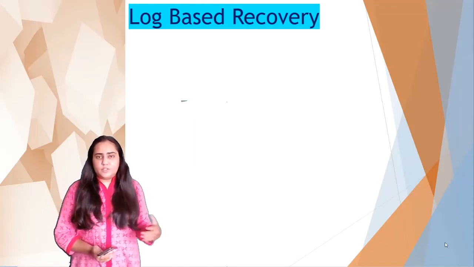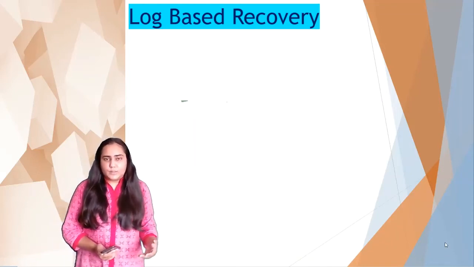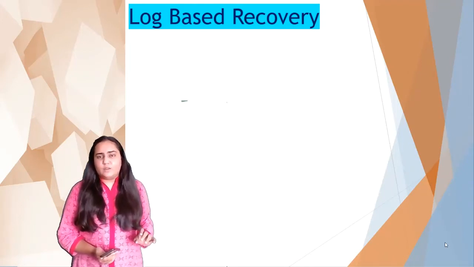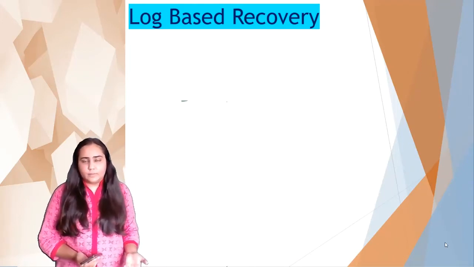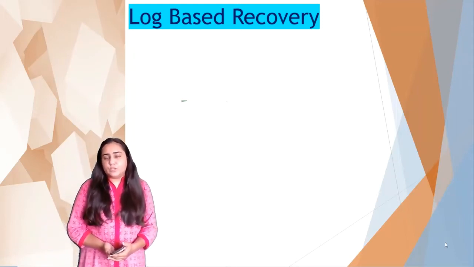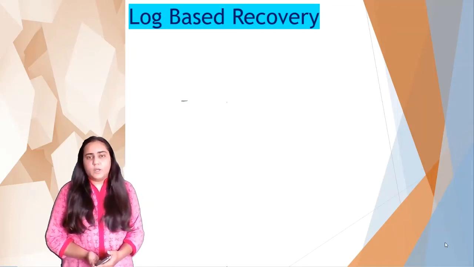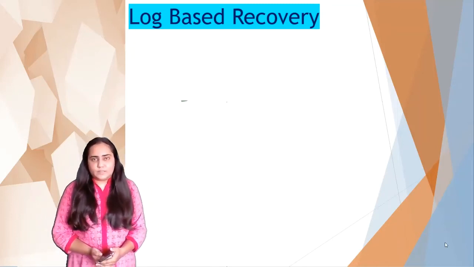And then all such pages are kept in the main memory and updated. So it becomes very difficult to track which changes were actually made. So that's why the most used system of recovery is the log-based recovery, which is used in most of the databases.